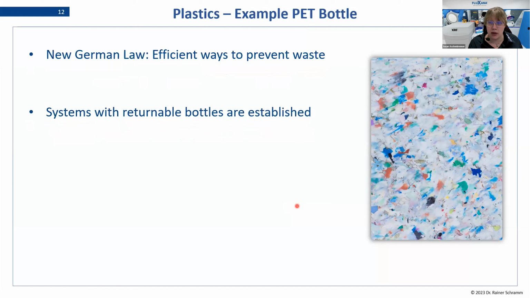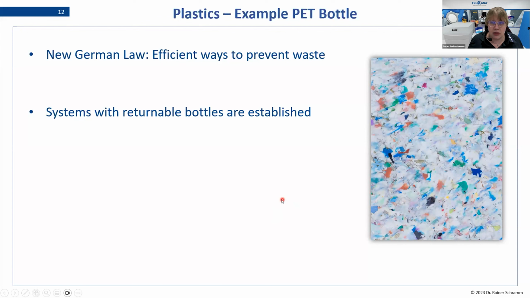You buy a filled bottle, you pay a fee for the bottle. The bottle at some point will be empty because whatever beverage is inside is gone, and then the bottle is returned and the fee is paid back. So this system is already established for years now, and it's working quite well.